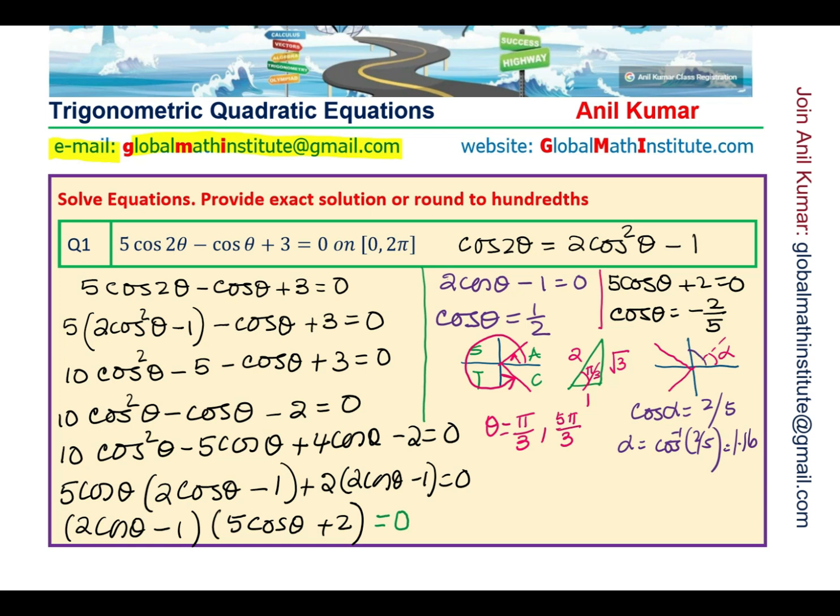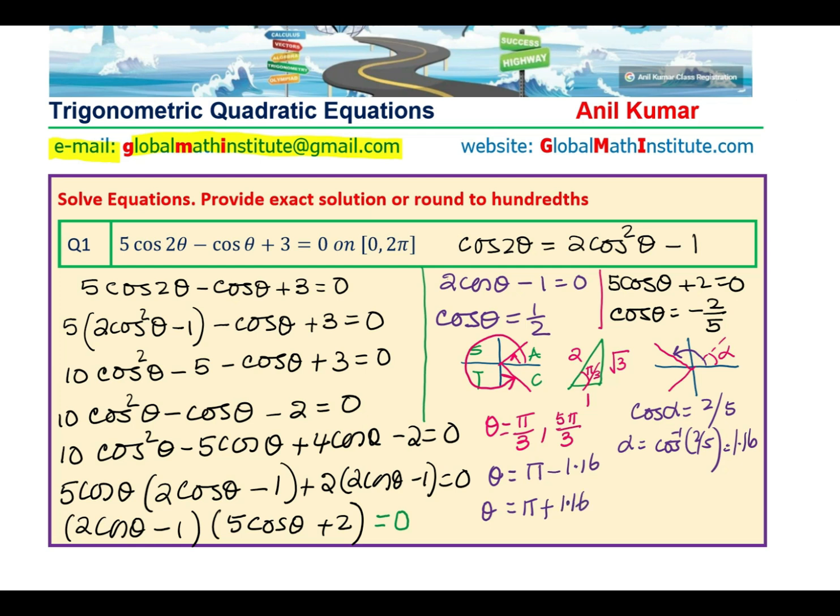So the two values will be what? So we get this theta as equal to pi minus 1.16, and the other value is theta will be pi plus 1.16, correct? So let's find this out. So I'll use a different ink here, red one, to get these two answers.